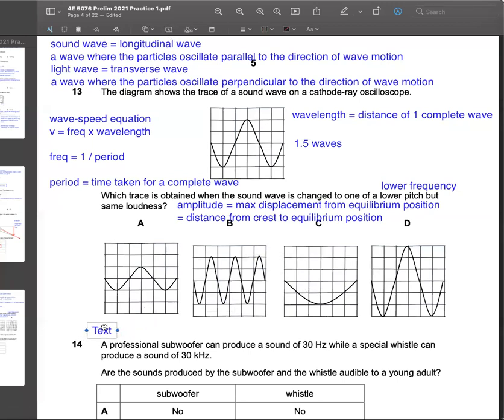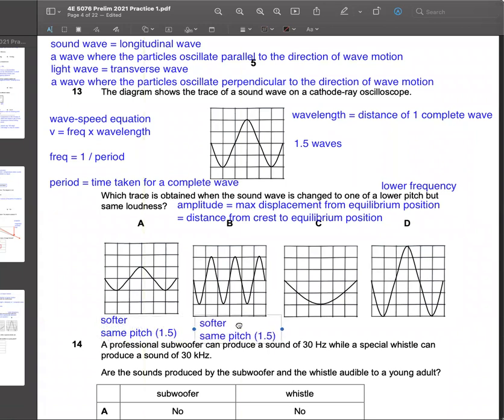So let's compare A and the original. A is softer and lower pitch. No, same pitch. How do you know? Because how many waves? It's still 1.5 waves. Okay.